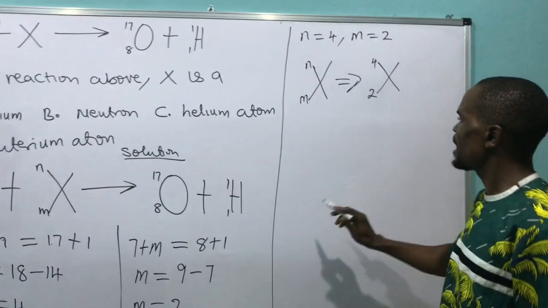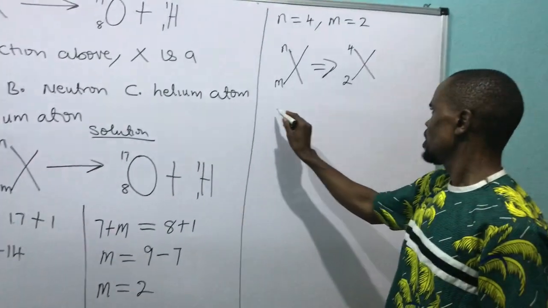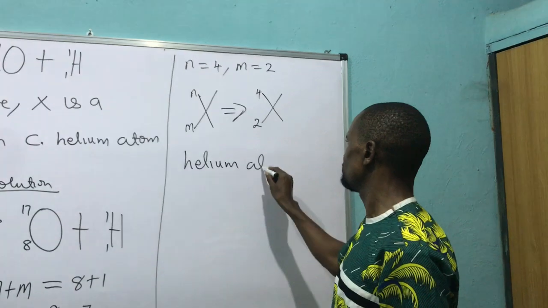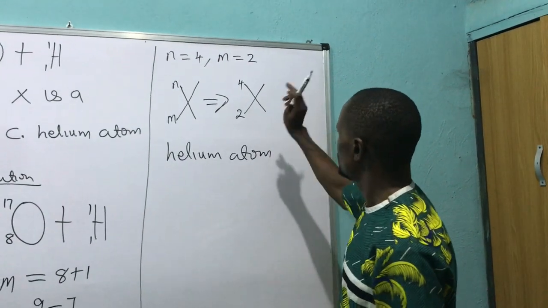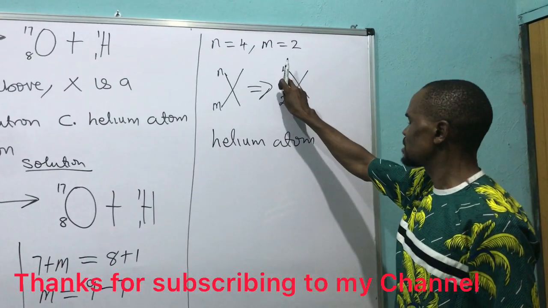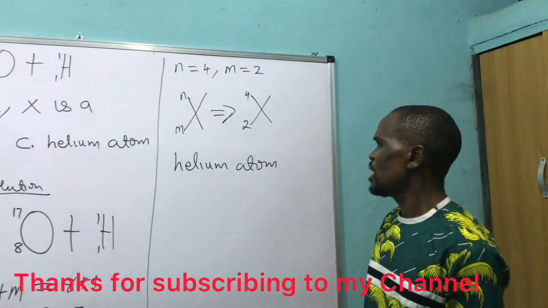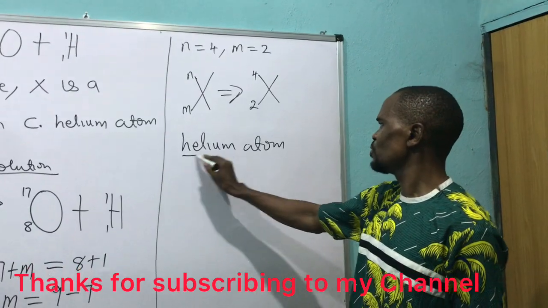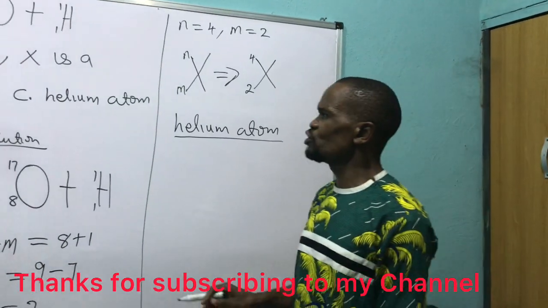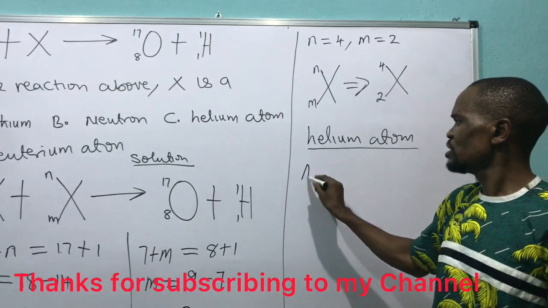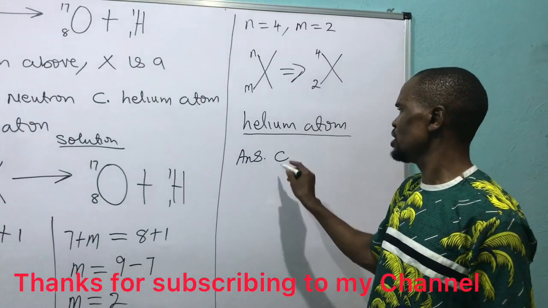What does this imply? It implies helium, a helium atom. This is the mass number of helium, and the atomic number of helium is 2. So the element is the helium atom, and I go to my options, that gives me option C. The answer is option C.